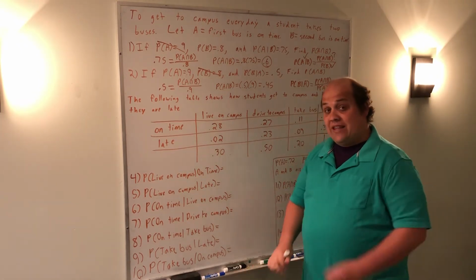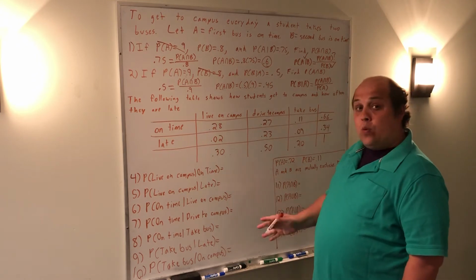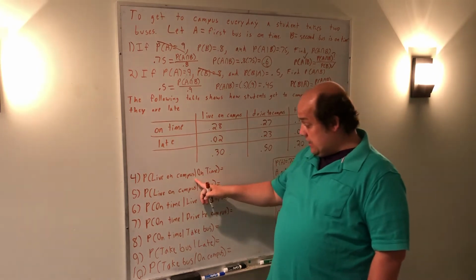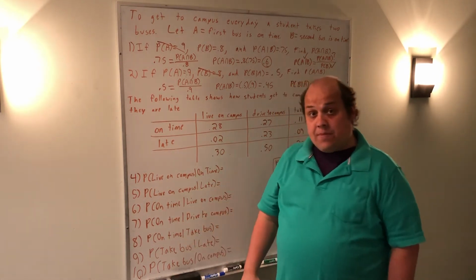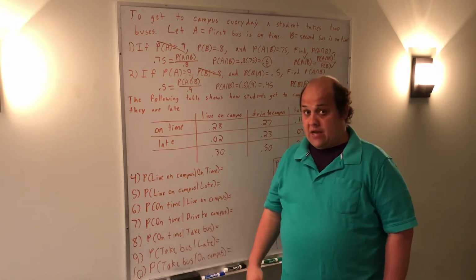Now that I've got everything laid out like that, it's time to find my conditional probabilities. Always with a conditional, you want to understand that the given line, this line in the middle of the probabilities, separates what already has happened from what we want to see what the probability now is of happening.